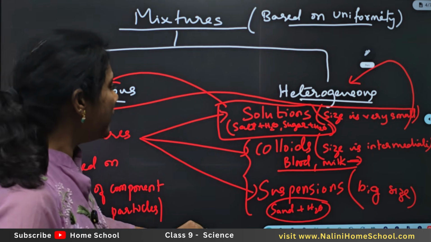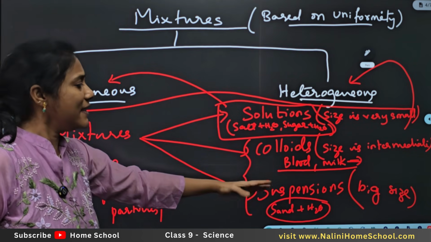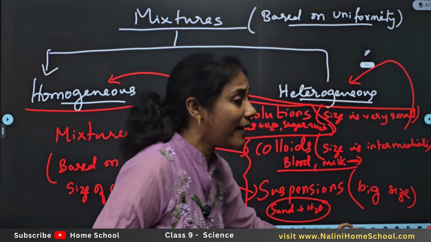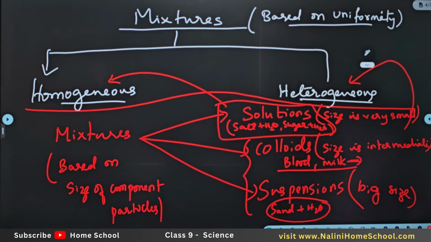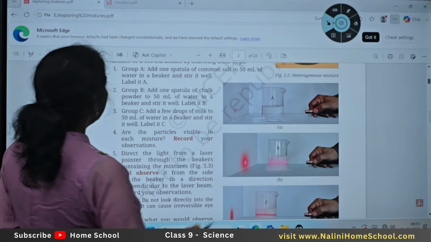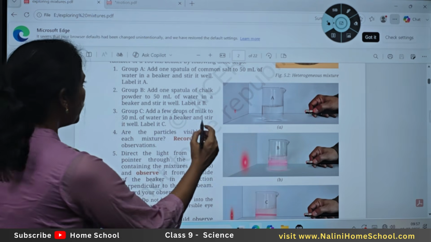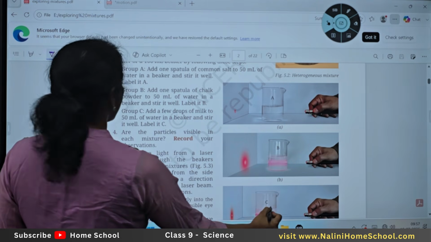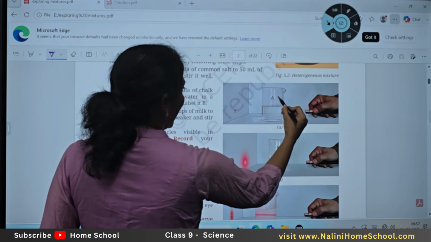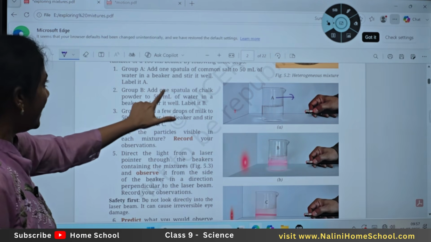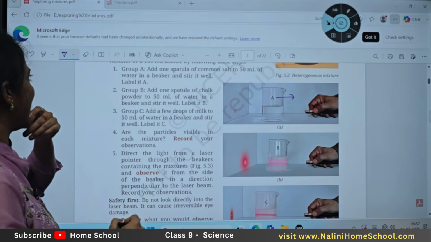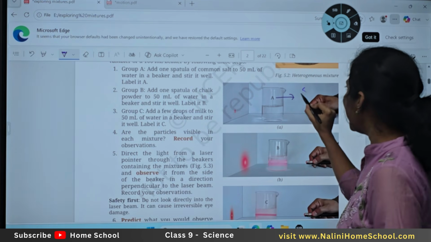This topic is not there in the textbook, but look at the activity that is there in your book. Let me show you your NCERT book here. Look at this activity that they have mentioned here, guys. They have taken 3 solutions here. They have labeled this beaker as A, and in beaker A they have mixed salt plus water.